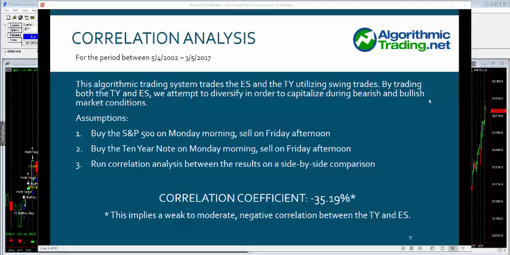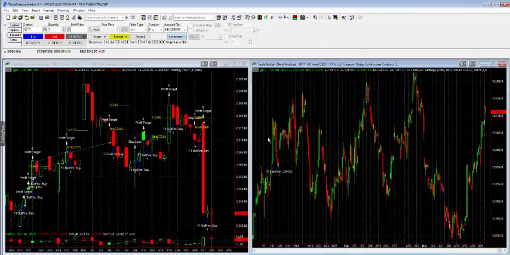In English, what I'm saying is that on a weekly basis, if you pull up a weekly chart of the S&P and the 10-year, if the S&P is up, then normally the 10-year will be down. It's not 100%, but that's kind of the standard. So there is a negative correlation between the S&P and the 10-year note.